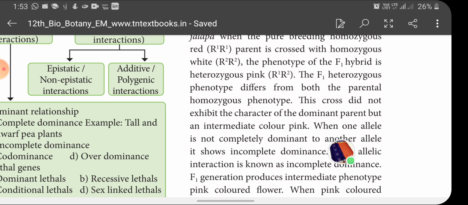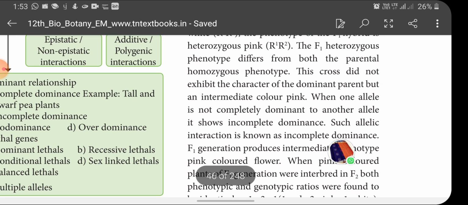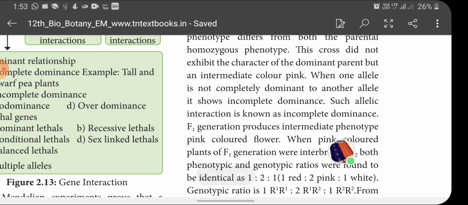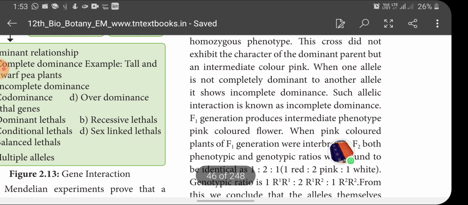Heterozygous. This heterozygous phenotype did not express any of the parental traits. When one allele is not completely dominant over another allele, it shows incomplete dominance. Such allelic interaction is known as incomplete dominance.